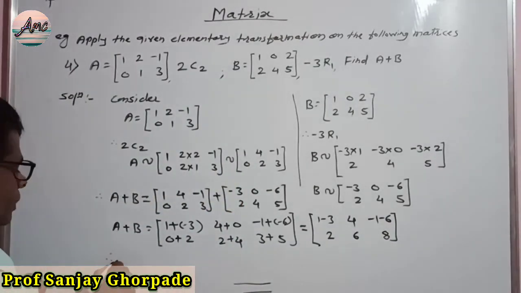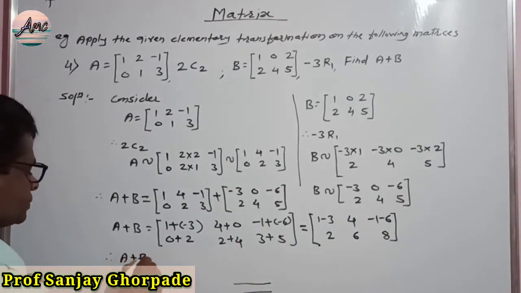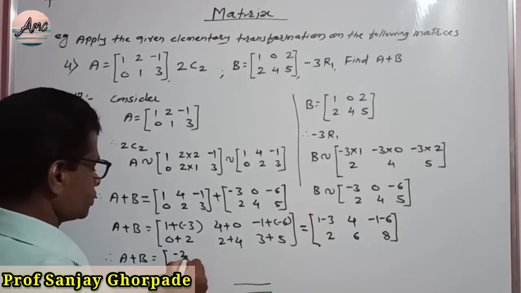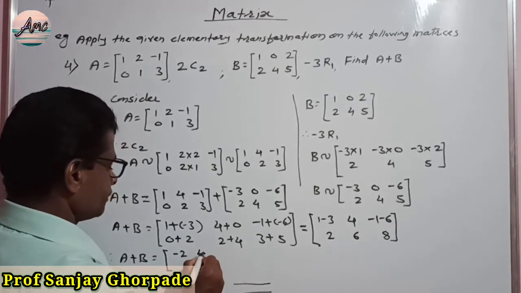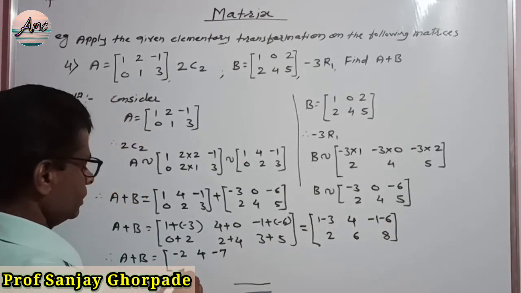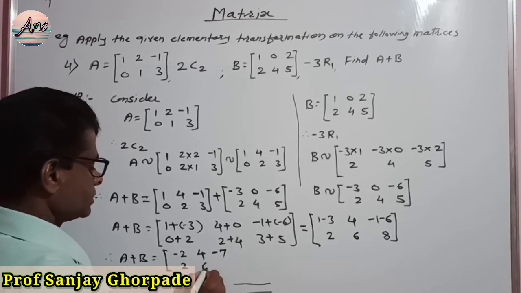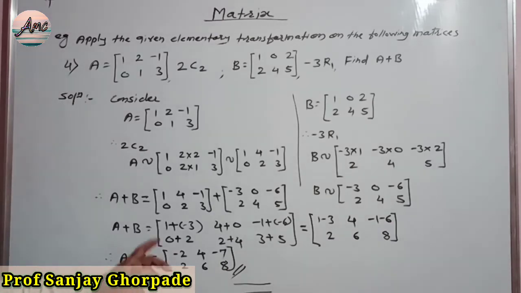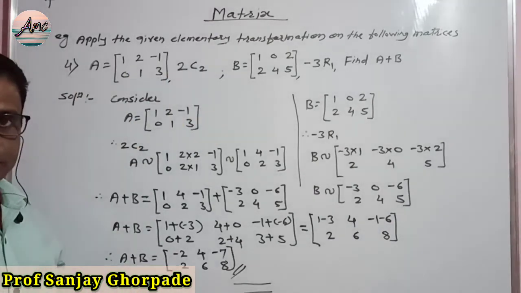So therefore, matrix A plus B is equal to: 1 minus 3 is minus 2, 4, minus 1 minus 6 is minus 7, 2, 6, 8. So this is the solution of this example.